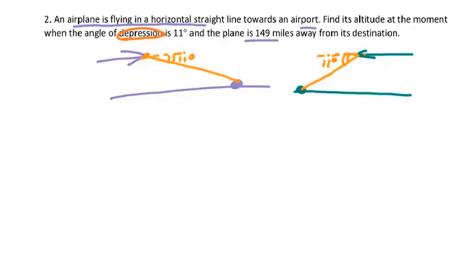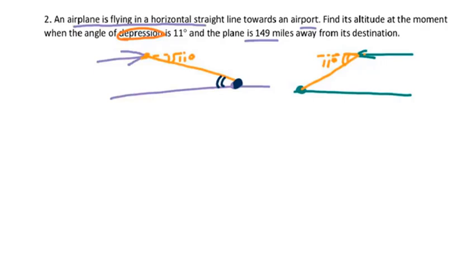Remember, we will change it into an elevation angle. From the position of the airplane, you will see we have a depression angle. What if from this destination we look up at this airplane? This will be the elevation angle.